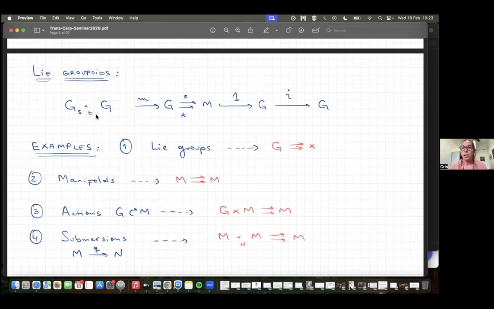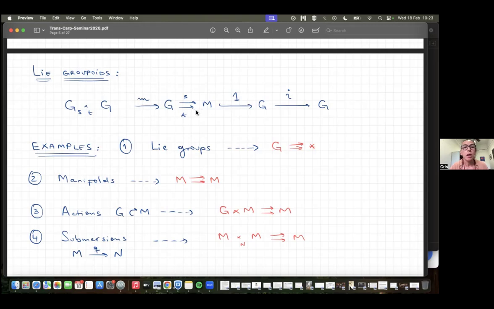These maps satisfy a bunch of conditions, which essentially tell you that m is an associative product with inverse i and unit 1. But I am going to require that this data is smooth.